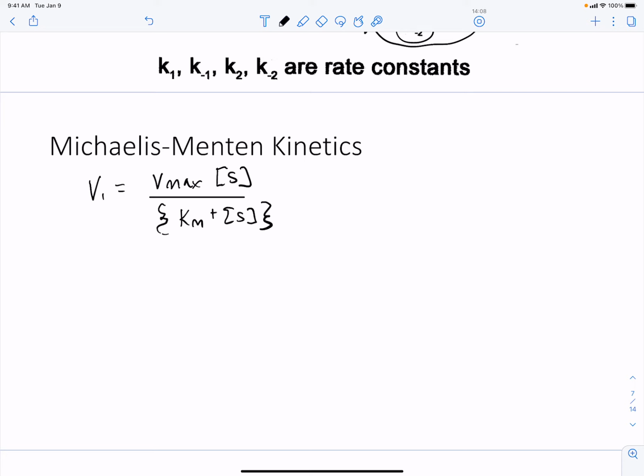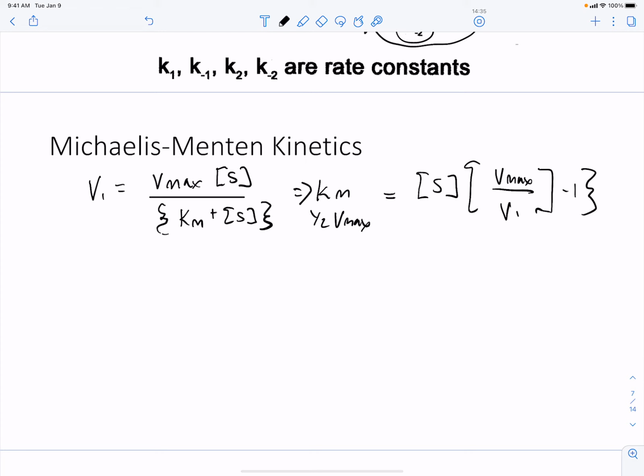And so this is going to equal Km, which is 1/2 Vmax. I should put this in rearrangement: Km equals the concentration of your substrate, so you bring that factor out, times Vmax over V1 minus 1.